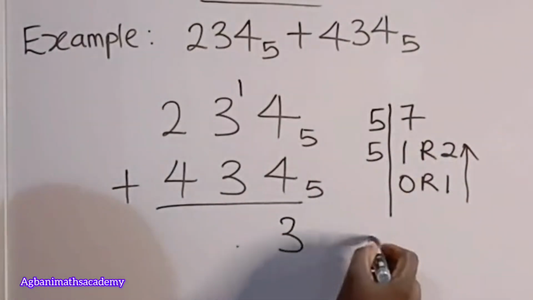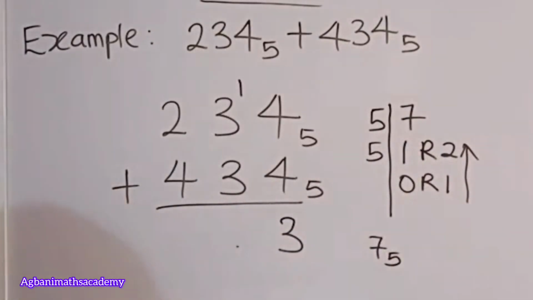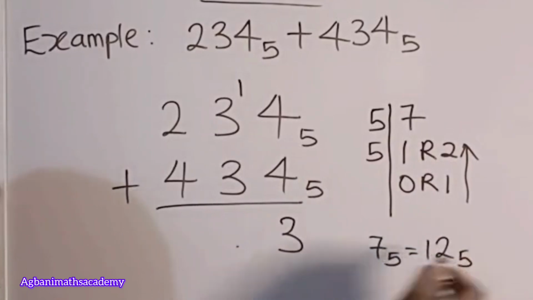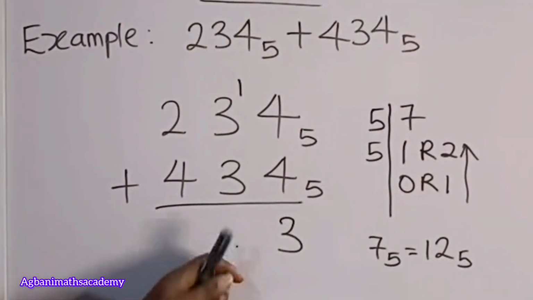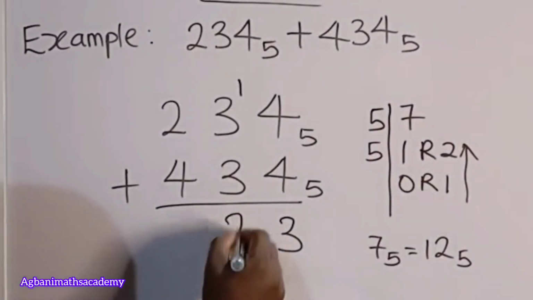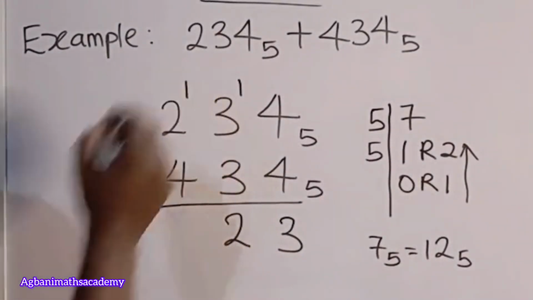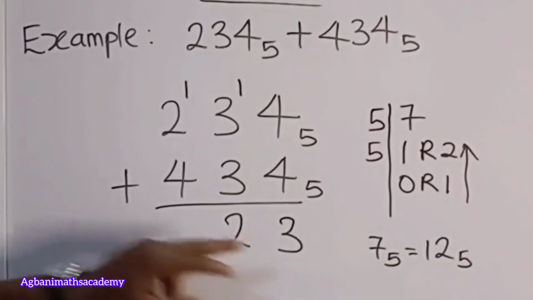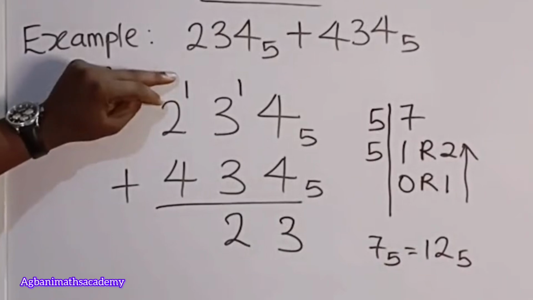Okay, so 7 in its accurate form is 12 base 5. So instead of having 7 here, we are going to write down 2, and then we are going to bring 1 here. Okay, so we write down this 2 here, and we'll bring this 1 on top.